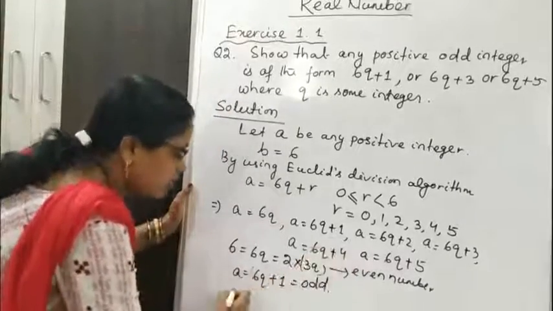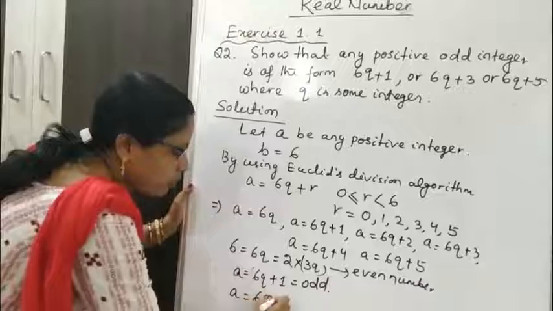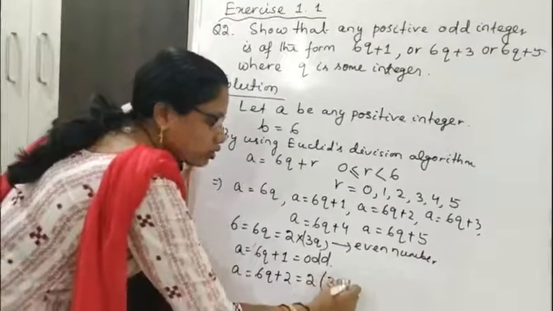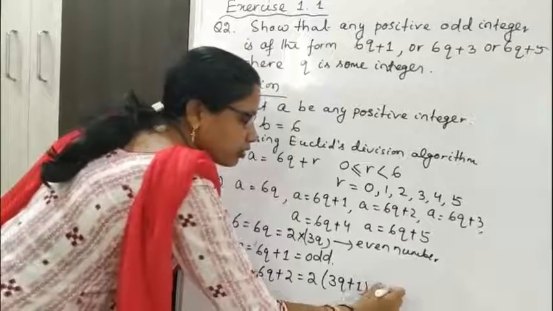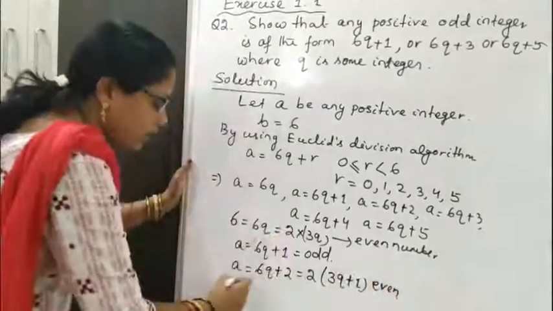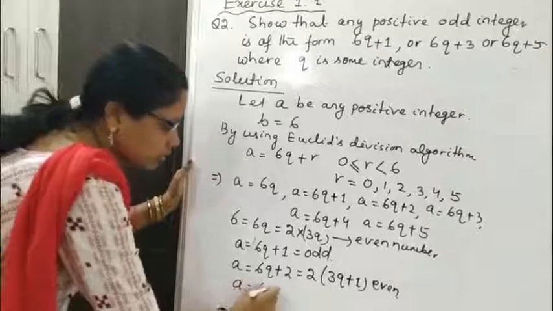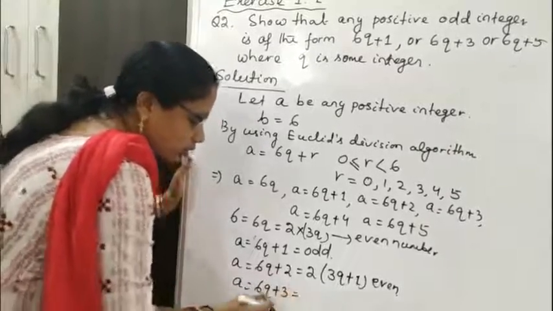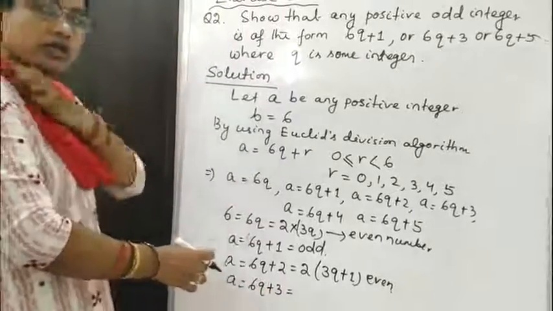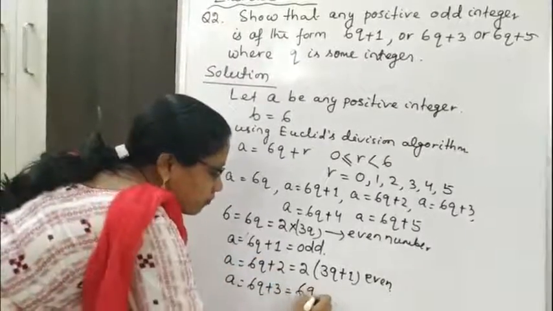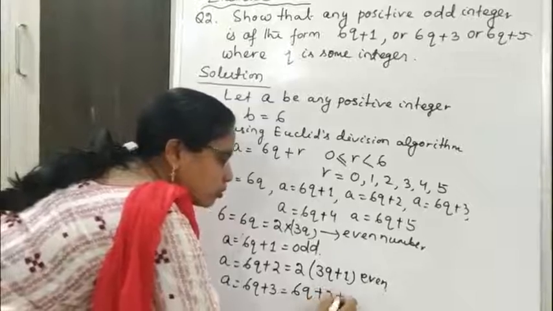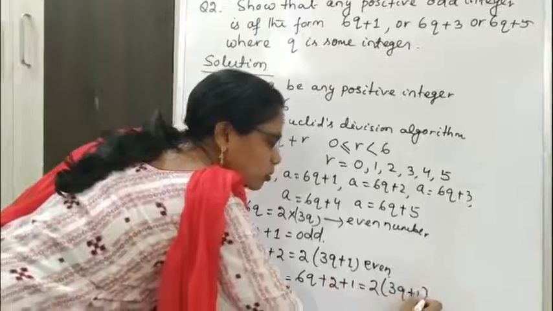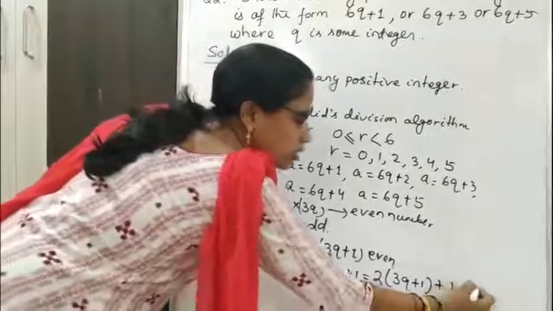Again a is equal to 6q plus 2, so this is 2 common, 2 into (3q plus 1), also even. Then a is equal to 6q plus 3, that is 6q plus 2 plus 1, that is 2 into (3q plus 1) plus 1. So this is odd.